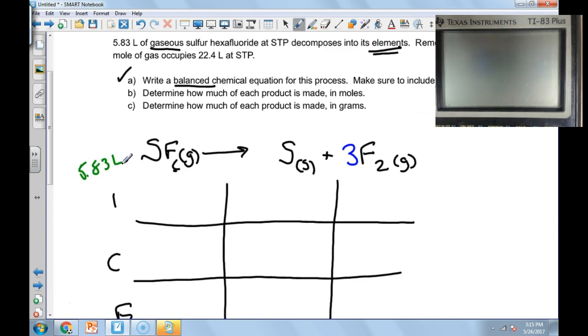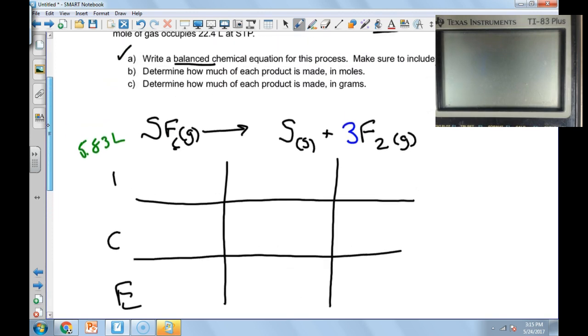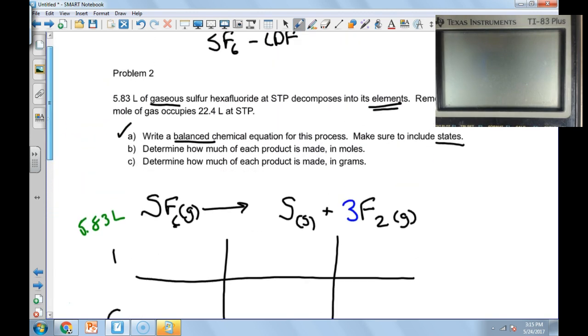5.83 liters of a gas. Now, we know that ICE charts have to use moles as our unit, so we have to convert liters to moles. How do we convert liters to moles of a gas? Well, guess what?